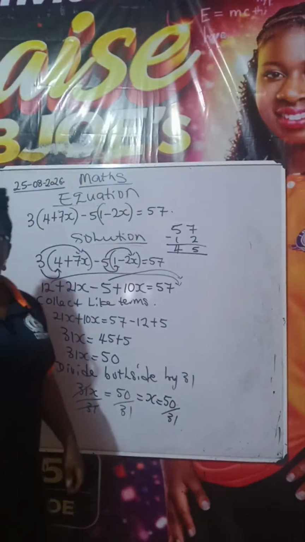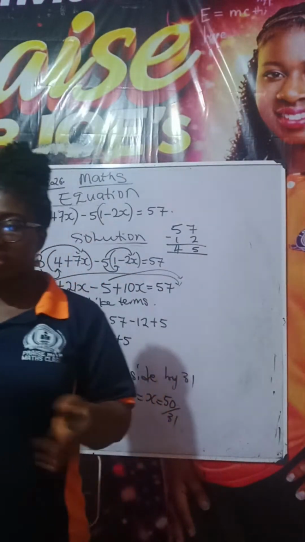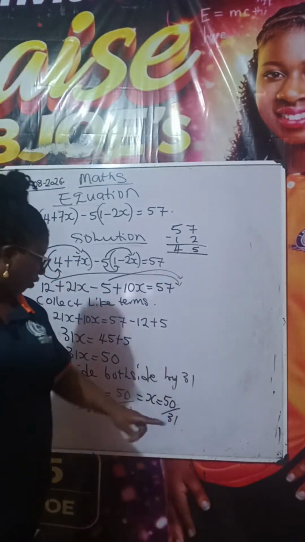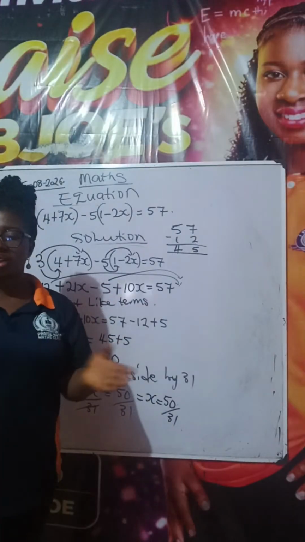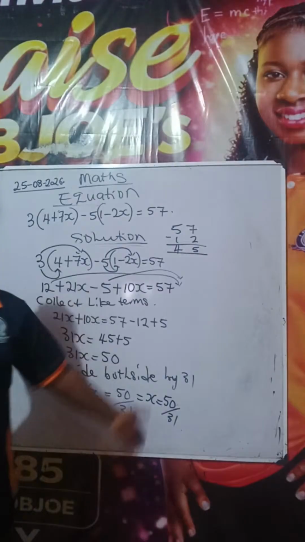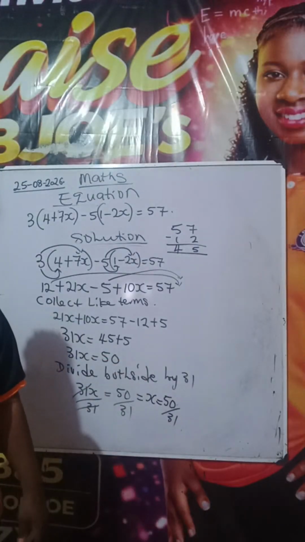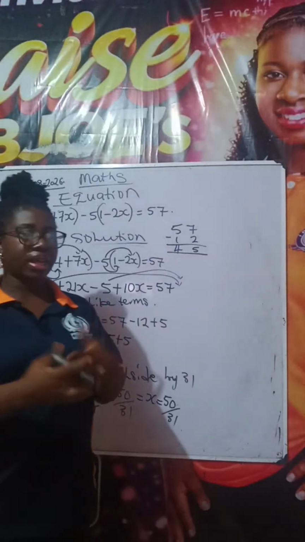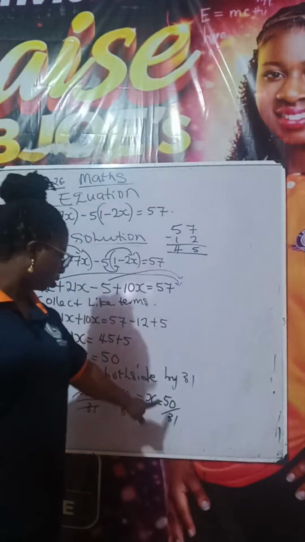Now, when you have 50 over 31, can it divide? 50 and 31, can they divide without the remainder? Is it possible? No, it can't divide. Now that it can't divide, what type of fraction is this?